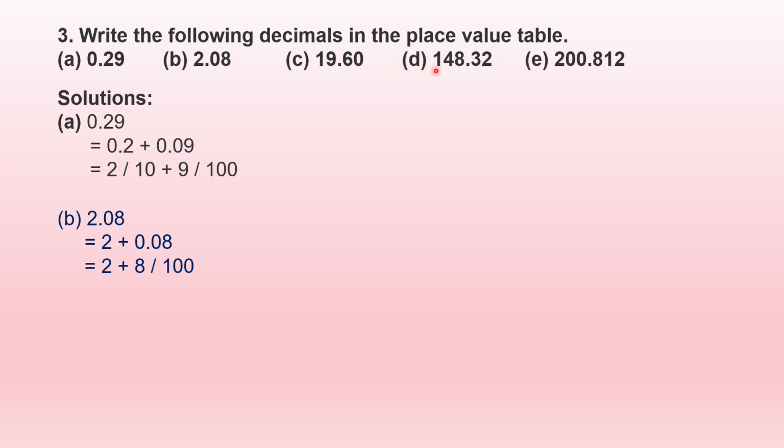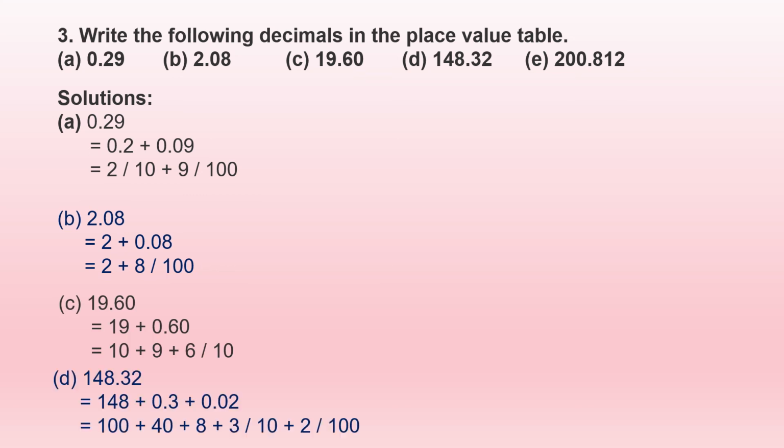Here in D, 148.32 means 1 is in hundreds place, 4 tens, 8 ones and 3 tenths, 2 hundredths. E: 200.082, so 2 is in hundreds place, no numbers in tens and ones place. 8 is in hundredths place, 2 is in thousandths place. So let us write everything.